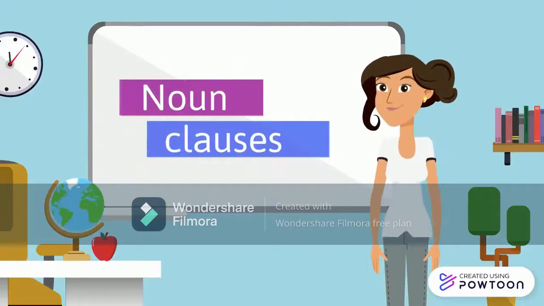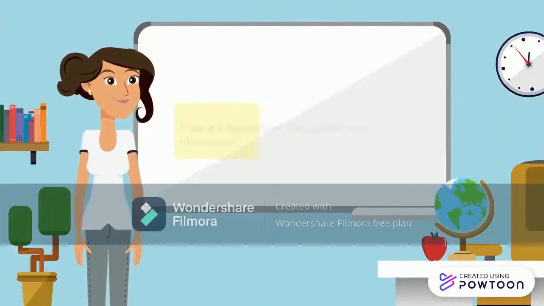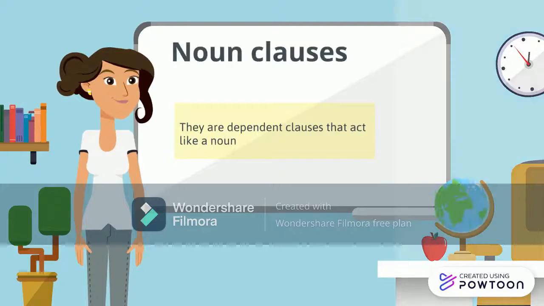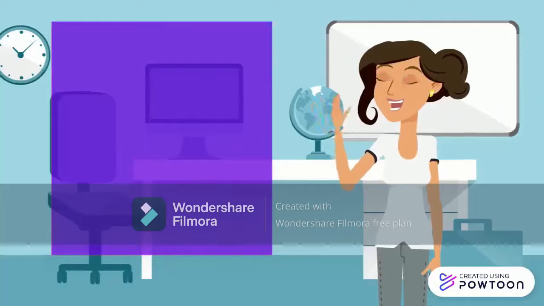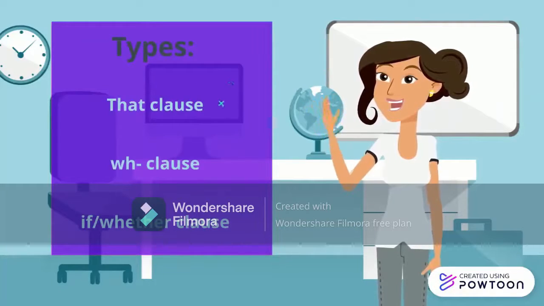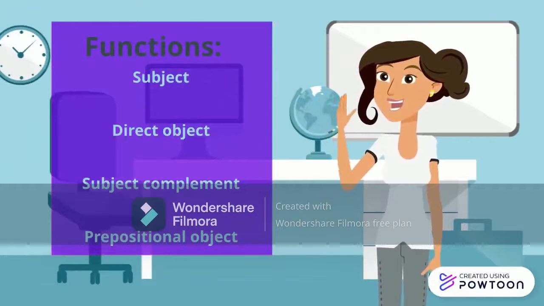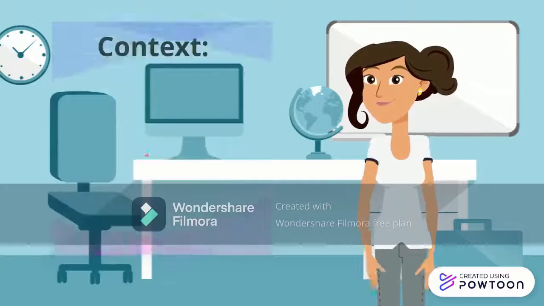Noun clauses. They are a type of dependent clause that acts like a noun. They have different types, like that clause, WH clause, and if/whether clause. They also have different functions: subject, direct object, subject complement, and prepositional object.